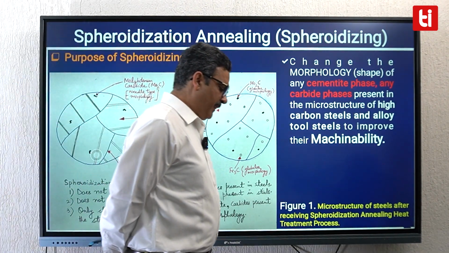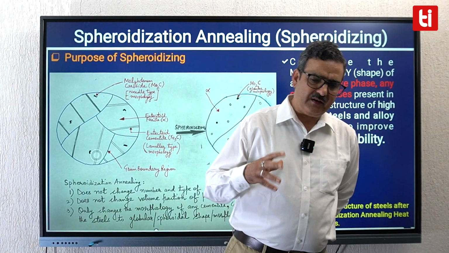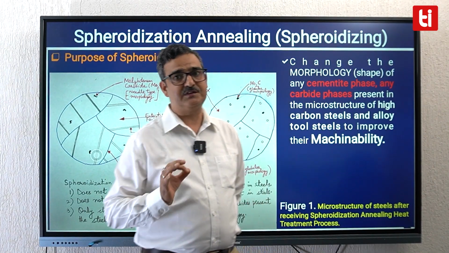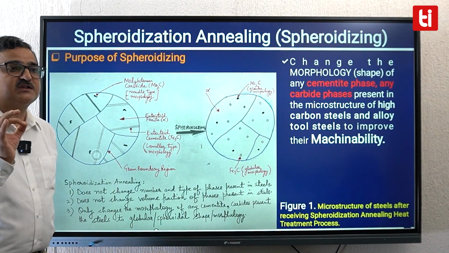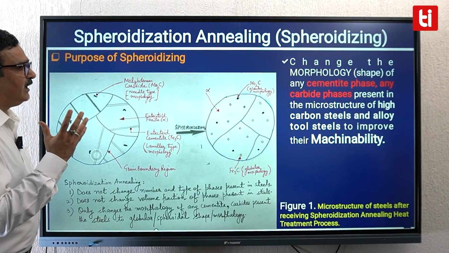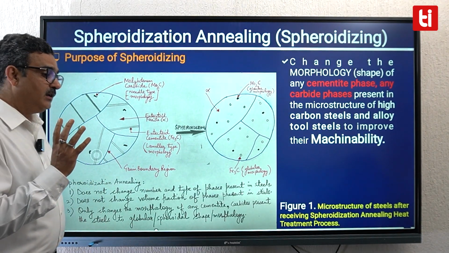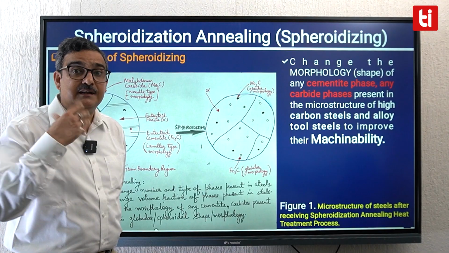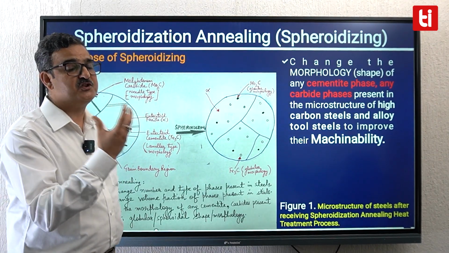See students, in the next slide we'll realize that if it is a high carbon steel or an alloy tool steel, which obviously again would be a high carbon containing steel only, for them inherently the hardness is higher than what is required for good machinability.